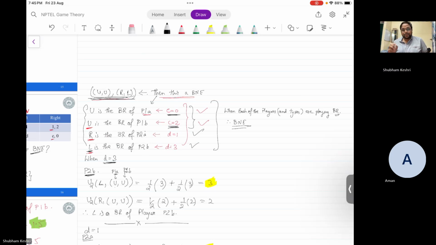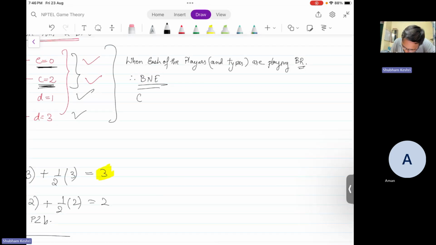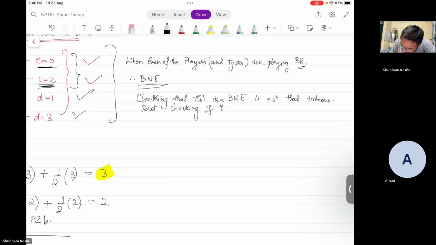Alright. You see, checking that this is a Bayesian Nash equilibrium is not that tedious, but checking if this is the only Bayesian Nash equilibrium is tedious.